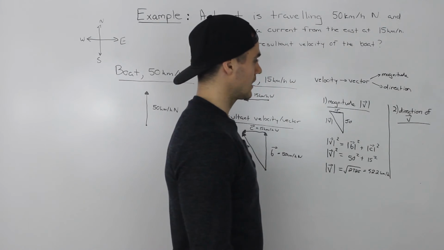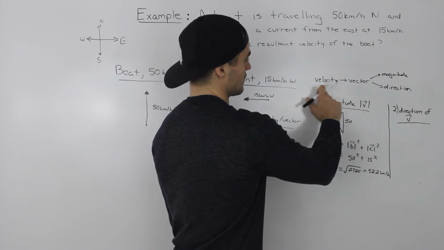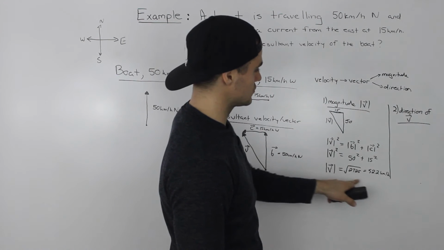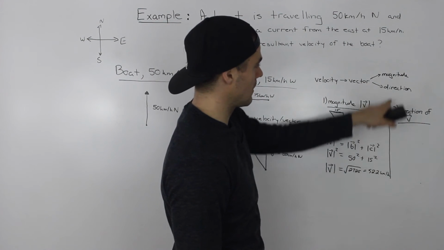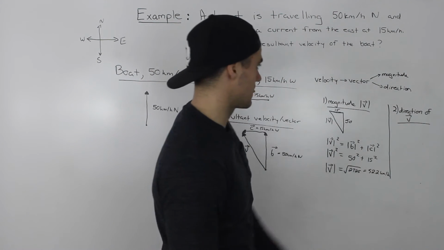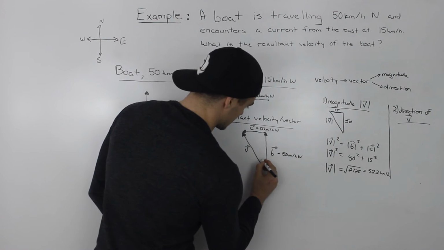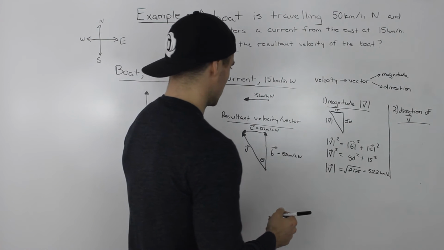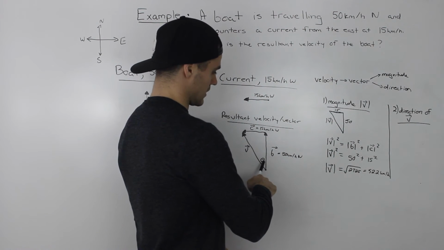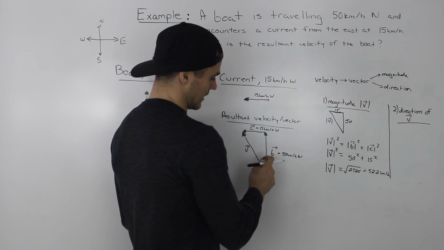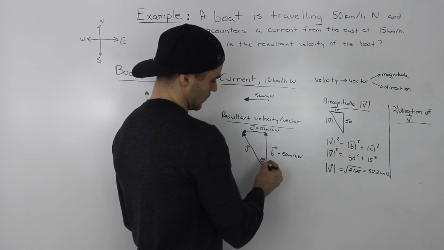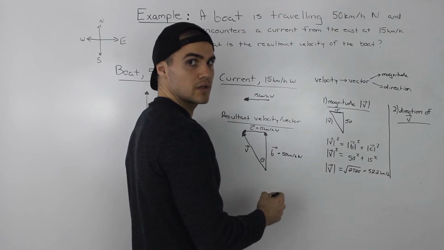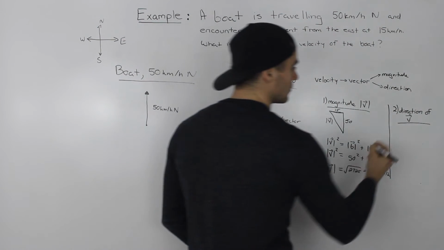The second thing we have to solve for, because we're solving for a velocity, is the direction. We found the magnitude of 52.2 kilometers per hour, and now we have to find the direction. So let's solve for this angle theta here. Since this is a right angle triangle and we have the opposite side and the adjacent side, we can use the tan ratio.